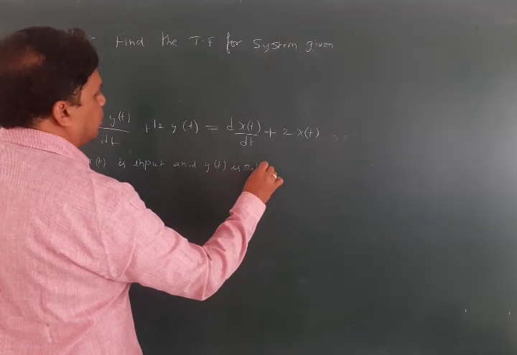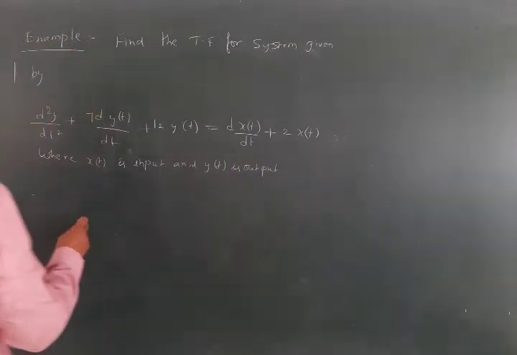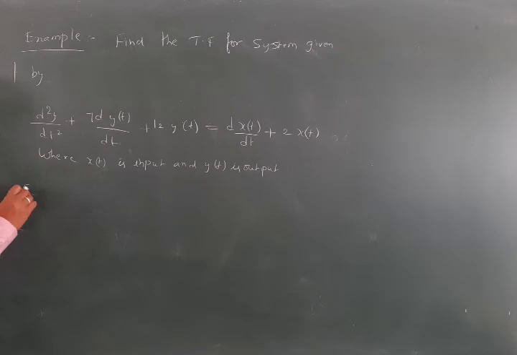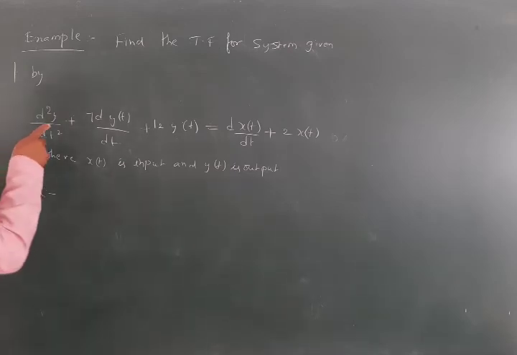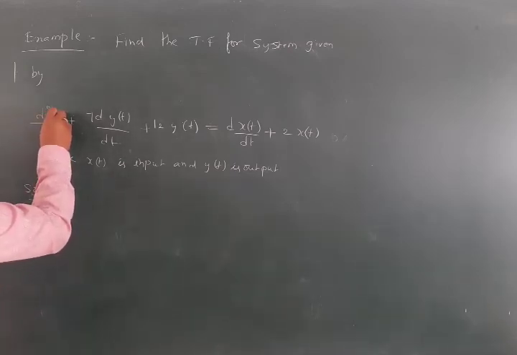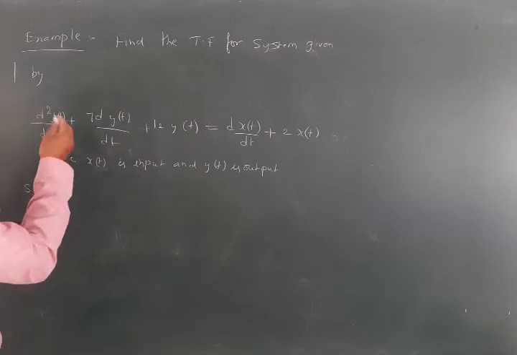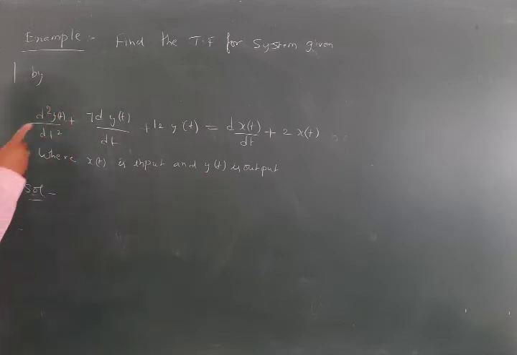So now we will solve this question. How to solve this? We will write in detail. First of all, we write s square into y of s. Applying the Laplace transform, we are changing the time domain into the s domain.